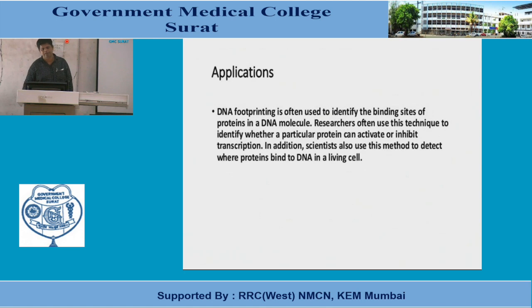Okay, application: DNA footprinting is often used to identify the binding site of a protein in a DNA molecule. Researchers often use this technique to identify whether a particular protein can activate or inhibit transcription. In addition, scientists also use this method to detect where the protein binds to the DNA in a living cell.